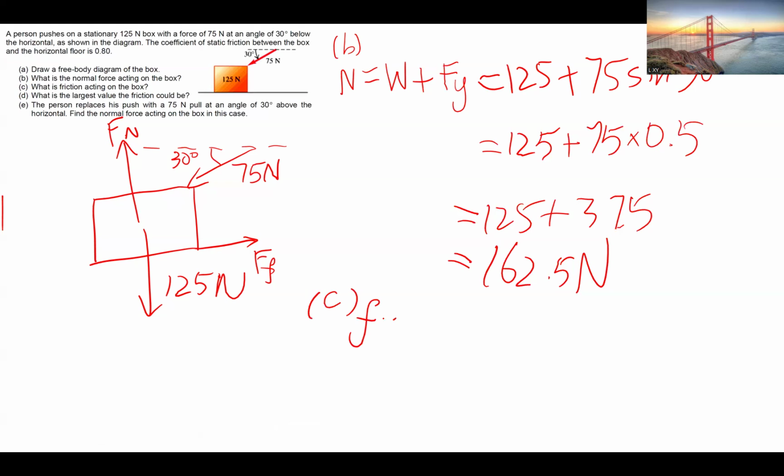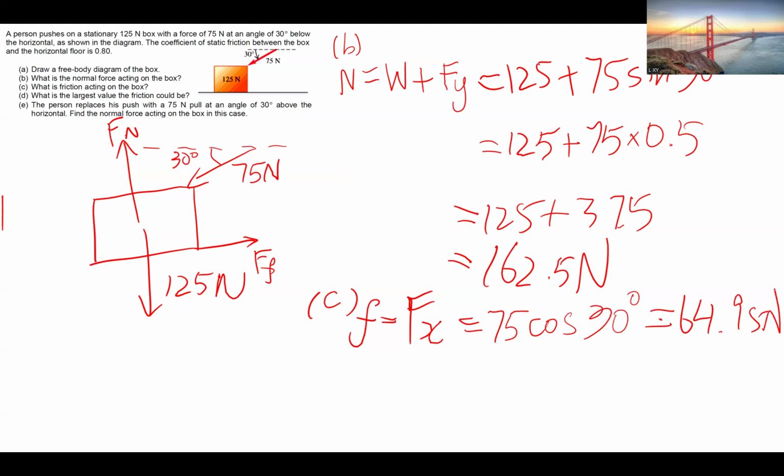So now the friction acting on the block. The friction is equal to the force of the horizontal component, which is 75 cosine 30 degrees, which is about 64.95 newtons.